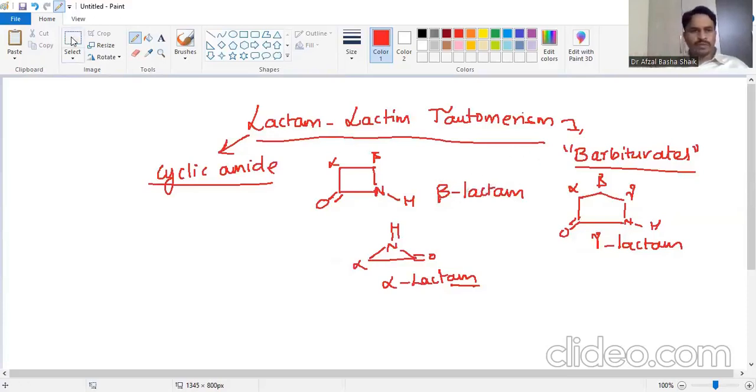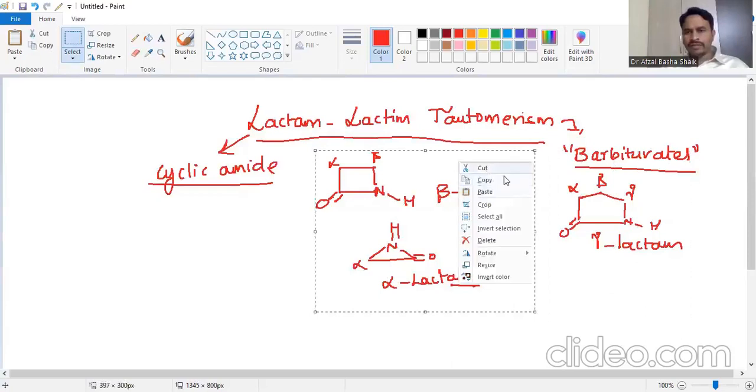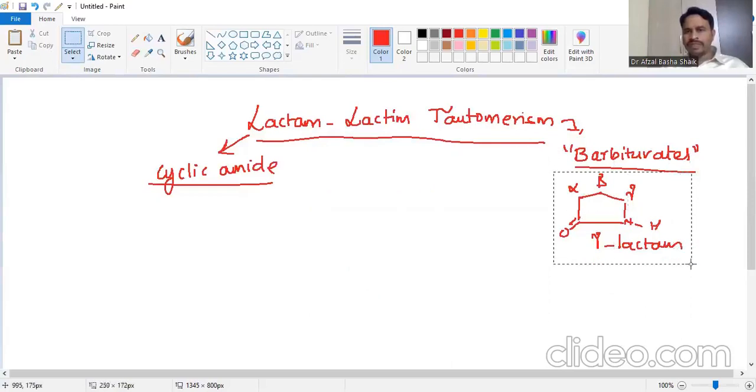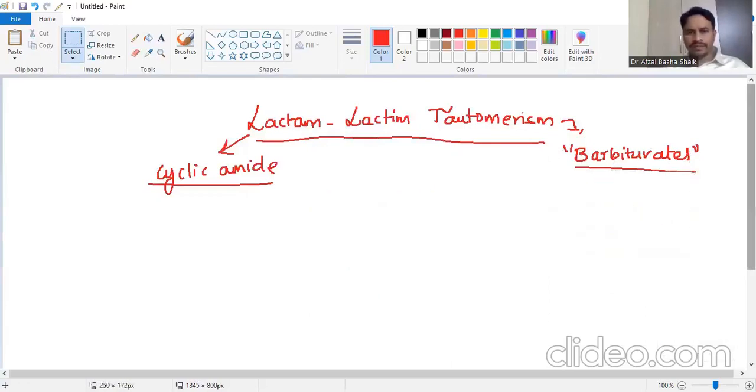So coming specifically to what we are much interested in, the tautomerism that is exhibited by barbiturates. Barbiturates are 6-membered rings. So if you see the structure of the barbiturate, I'll write it more clearly.